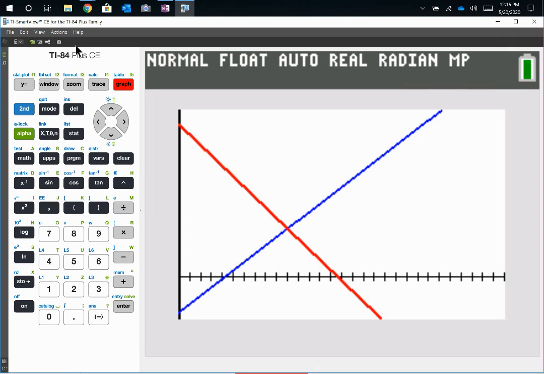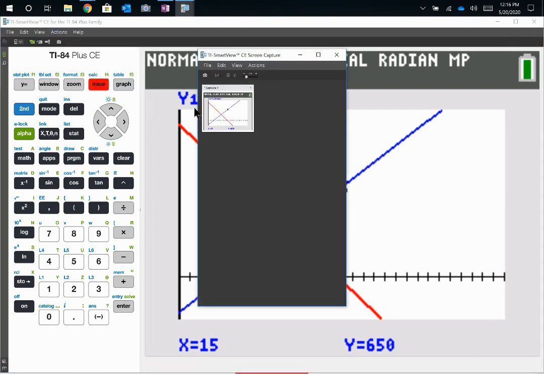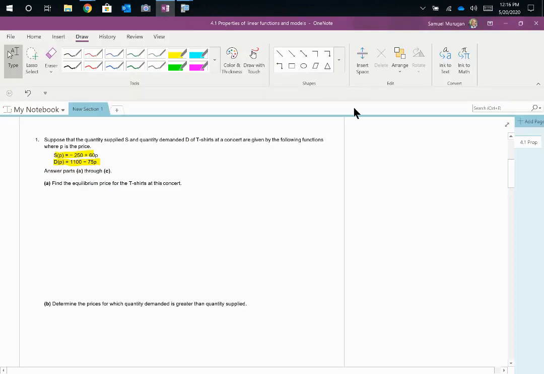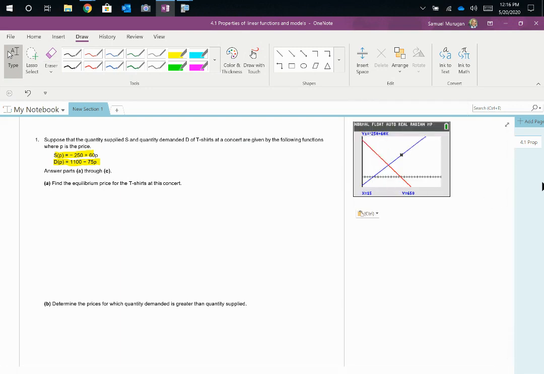Let's go ahead and copy this and paste it into our notes. Actions, capture the screen, copy it, and we're going to put it on the side of the notes right here. Okay.